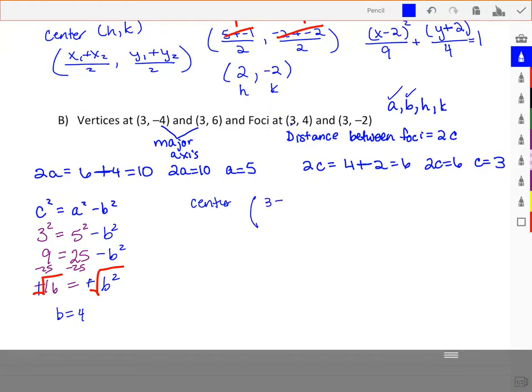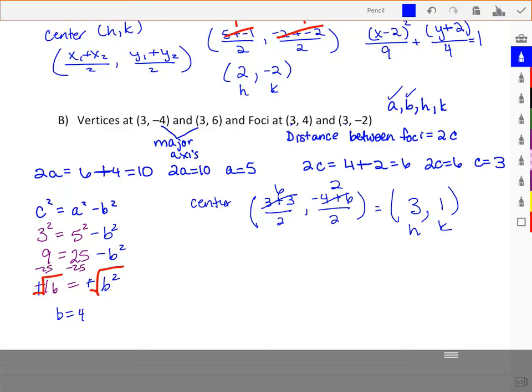So 3 plus 3 over 2, negative 4 plus 6 over 2. 3 plus 3 is 6. 6 divided by 2 is 3. Negative 4 plus 6 is 2. 2 over 2 is 1. So there's our h and our k.